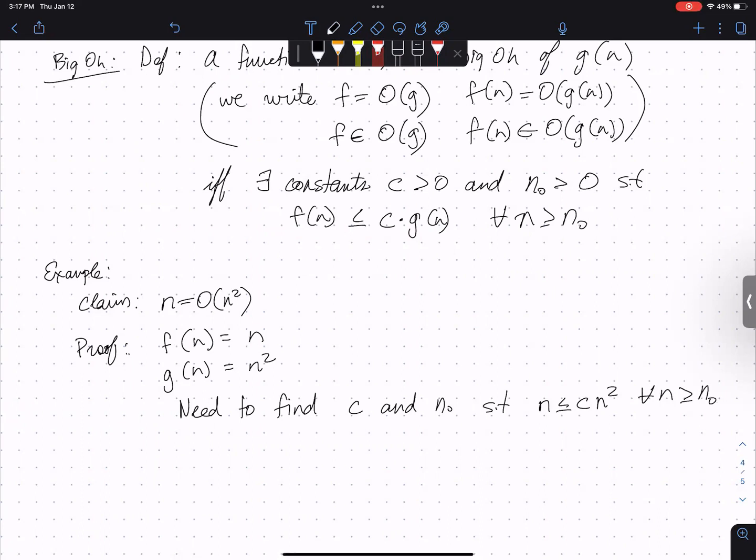Well, n squared is actually greater than or equal to n for all n greater than 1.